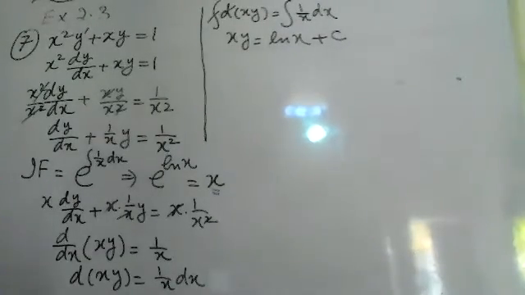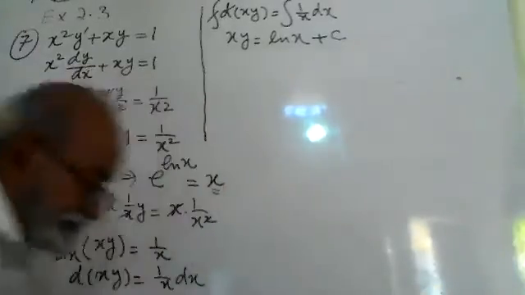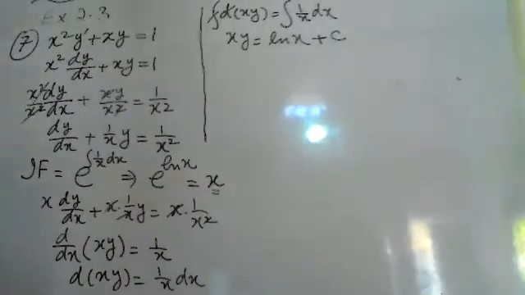This is the answer: xy is equal to ln x plus c. Or you may find y is equal to, with x shifted to the other side. This is the answer.